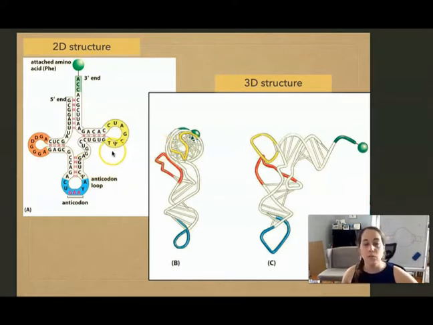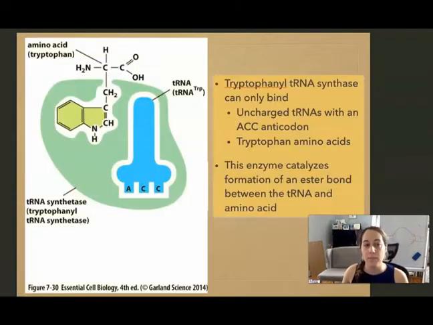All right, so if we have folded tRNA, what happens next? So we just have this bottom part, we don't yet have the amino acid. How do we put the amino acid on there? Well, this is a really crucial step that many people end up forgetting. And this is the action of a tRNA synthase.